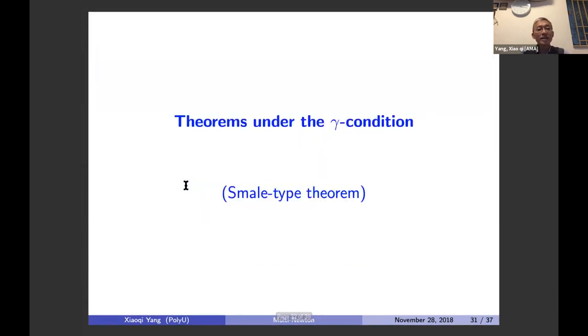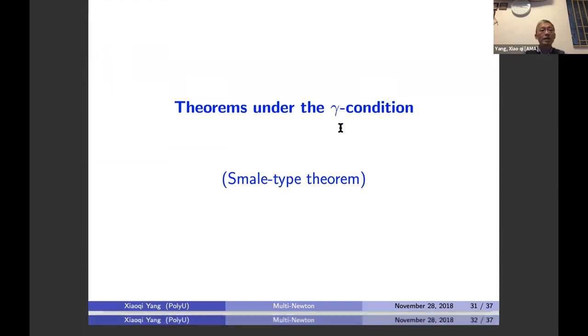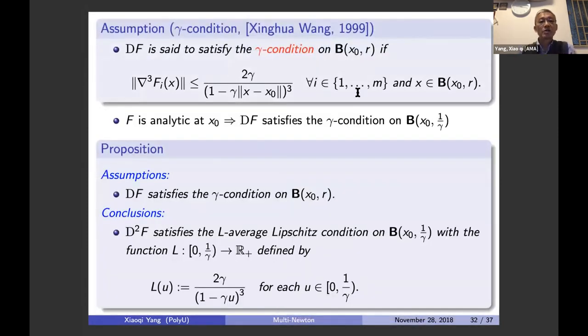Then the last one here is the so-called Smale-type theorem. What they are doing here is using another condition, the so-called gamma condition. What is the gamma condition? In an open ball, the third-order derivative of the objective function satisfies this inequality.